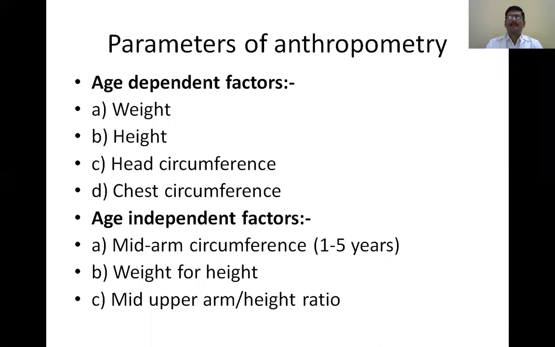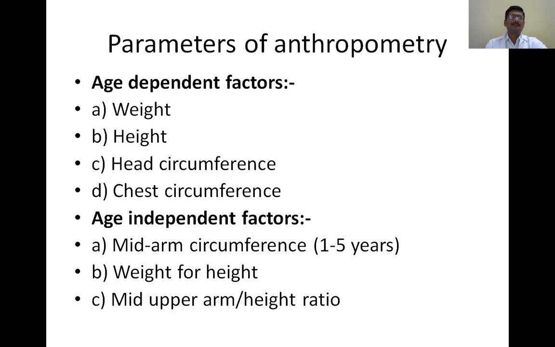What are the various parameters which we measure under anthropometry? There are certain factors which are age dependent and some which are age independent. Age dependent factors are weight, height, head circumference, and chest circumference.